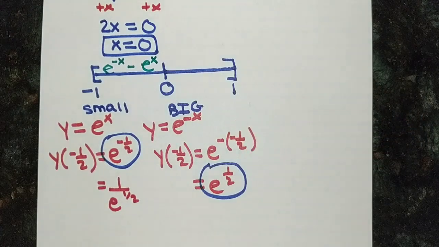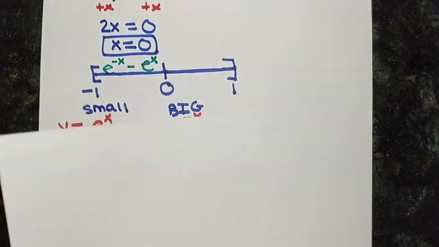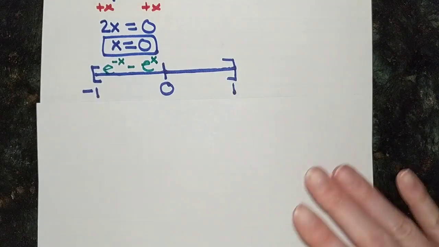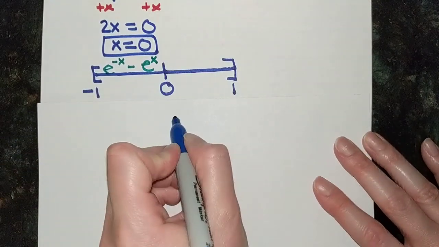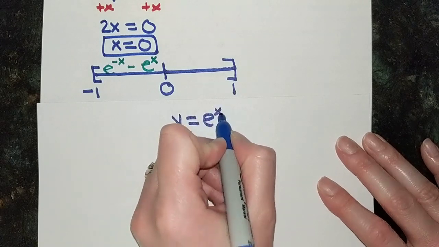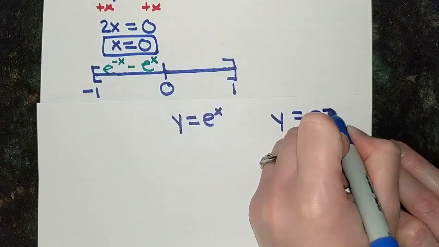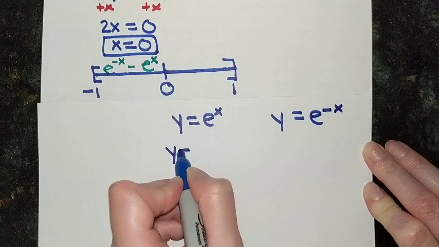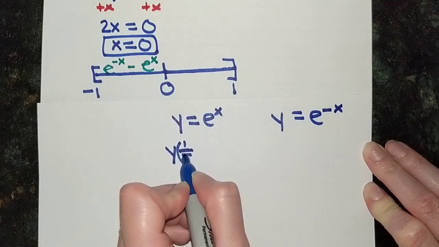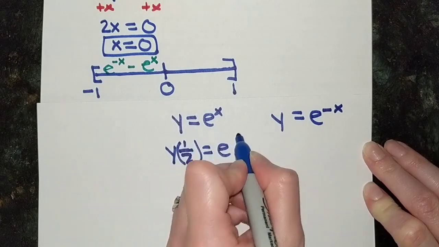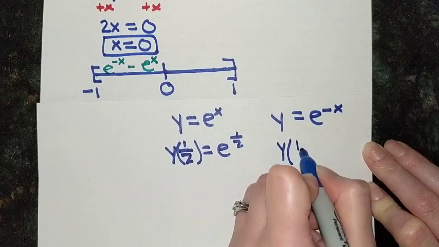Okay, then you have to repeat that process for the second interval. So obviously it's going to be flip-flopped, but to see that for the second interval, you would look at y is equal to e to the x, y is equal to e to the -x, and plug in +1/2.